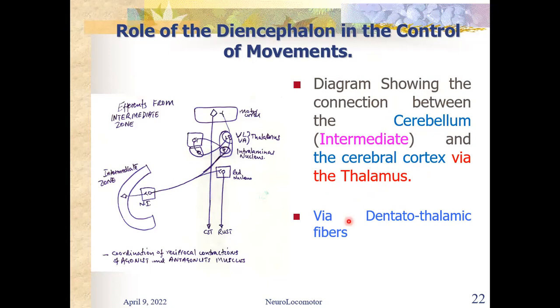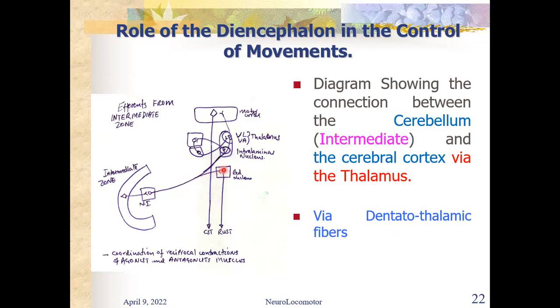That connection is via the dentato-thalamic fibers, the dentorubro-thalamic fibers. You can see the connection here from the nucleus interpositus, the efferent output synapses in the nucleus, and then gives rise to fibers exiting the intermediate cerebellum via the superior cerebellar peduncle, via the red nucleus.